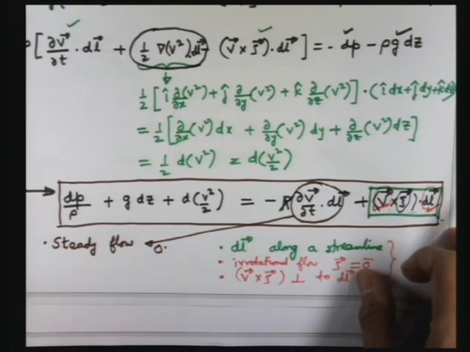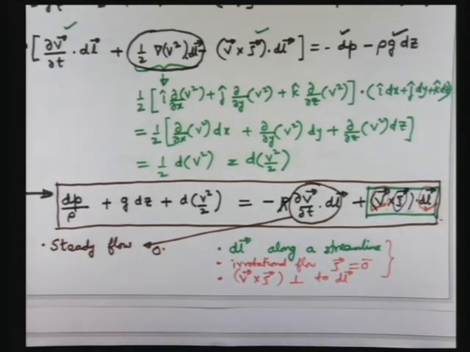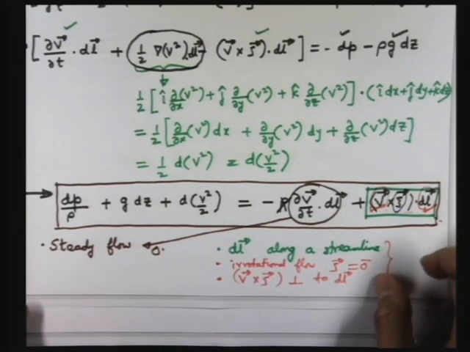the only difference is that in the previous case the Euler's equation was applicable only along a streamline. Now it can be applied between any 2 points in the flow field provided the flow is irrotational. And if you are integrating it with constant density, then you can also get the Bernoulli's equation.